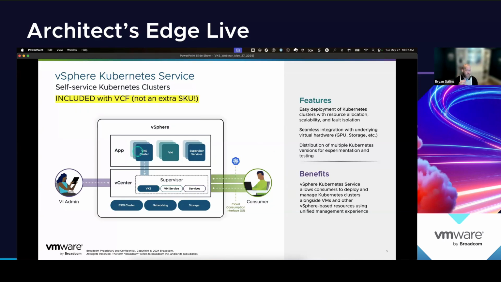It also provides for extensibility, and it also provides this best of both worlds, where I can run my Kubernetes containers all within the same infrastructure as all of my virtual machines. So the Supervisor cluster is the big setup portion.